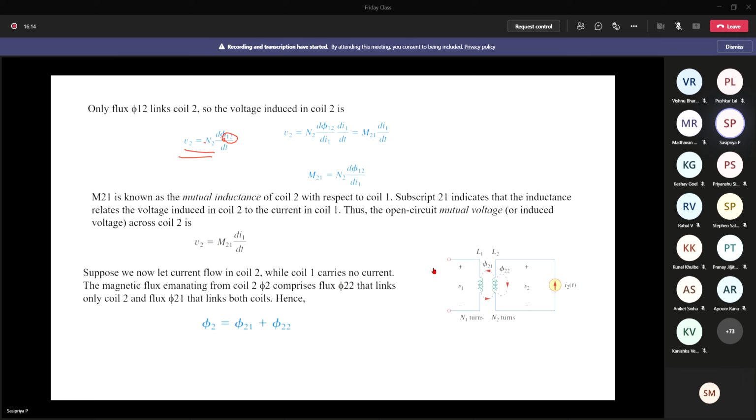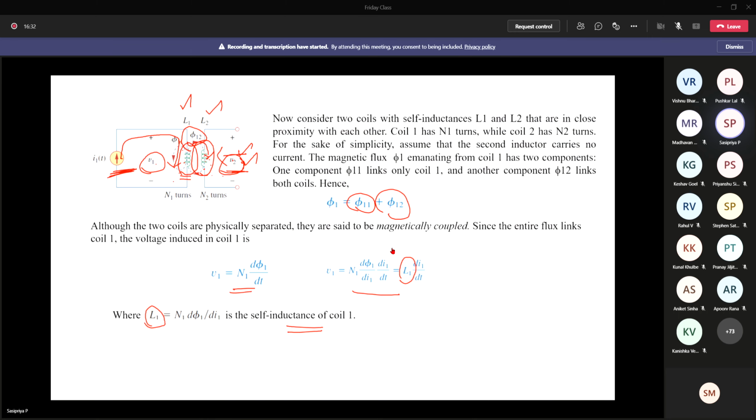Okay, so now again here, as usual, the flux is due to the change in current. So this can be rewritten as N into d phi by di into di by dt. Now, this N into d phi12 by di1 is called mutual inductance. Why is this called mutual inductance?